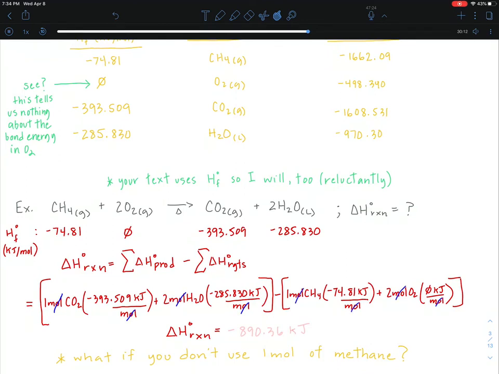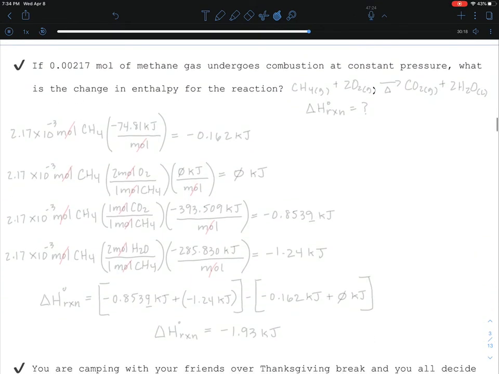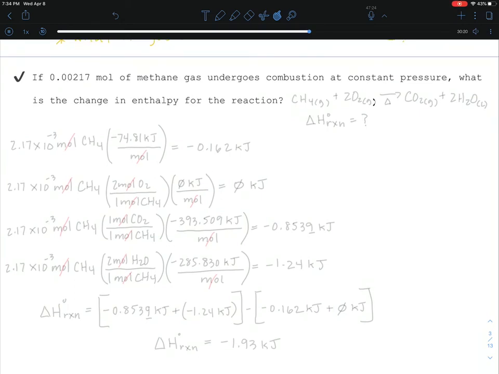So everything's in kilojoules. What happens though if you don't use 1 mole of methane? So we had this balanced equation, and that's fine, right? But what happens if you don't use a full mole of methane? What if I use, say, for example, 2.17 times 10 to the negative 3 moles of methane? Let's do this out. We still have to write our balanced chemical equation. So up here, I'll just squeeze this in.